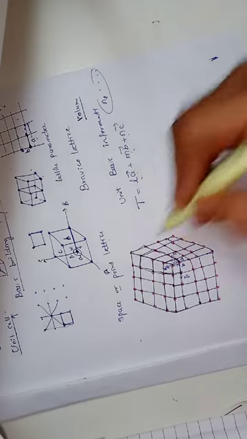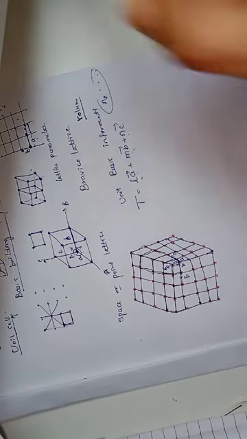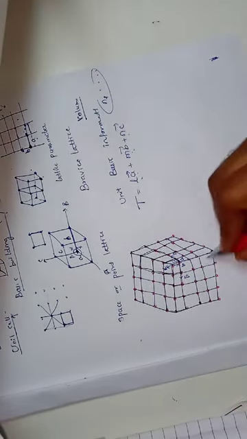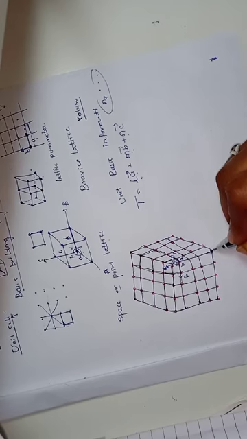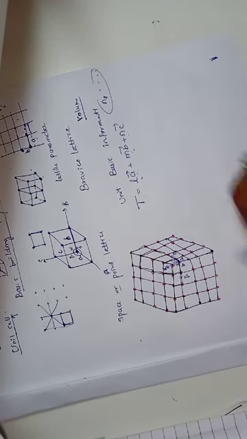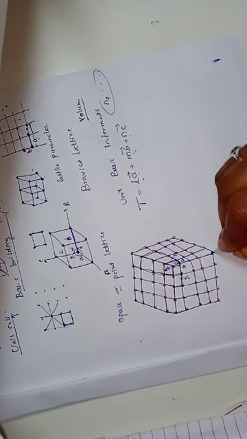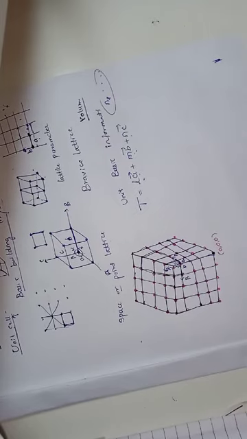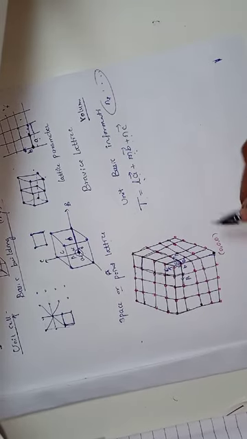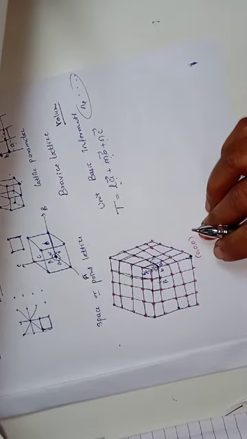So if we consider this lattice point, what is the translation value of this lattice point? This is a reference. We can say this is 0, 0, 0. This is the lattice point having the value 0, 0, 0.